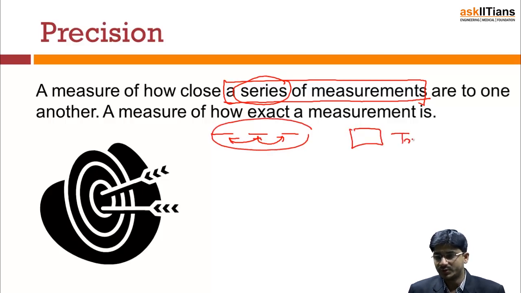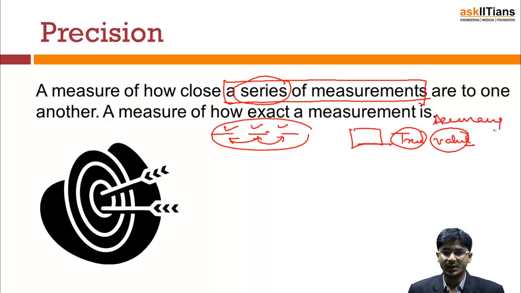Suppose this is the true value. I am not bothered if every time you are getting very close values, and I am not bothered here how close it is to the true value. If something is very close to the true value, I call that it has a very high accuracy. Now, this is what I call precision, where the series of measurements, how close they are to one another, is what the precision is.